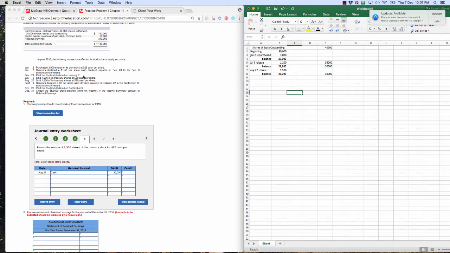So we repurchased it at $25 per share. And we just sold 1,500 shares. So the value of that stock is going to be equal to the $25 that we paid multiplied by that 1,500. So we just sold an asset that is on the books at $37,500.